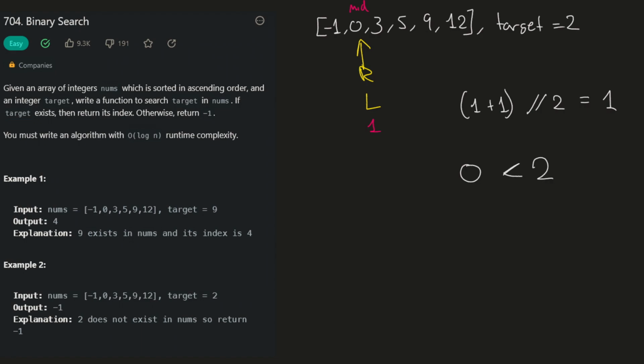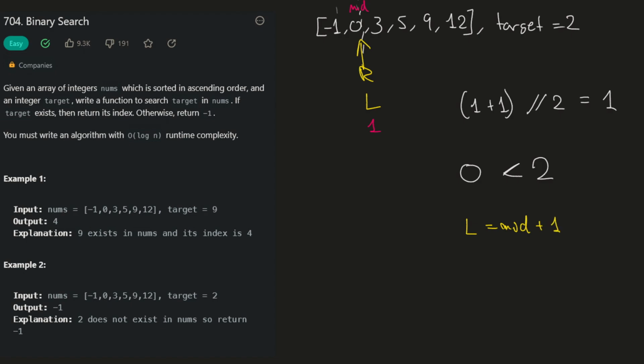Yes, it is. Since this is the case, this means that we can discard this portion of the array, right? Because I know that my target has to live on the other side since 0 is smaller than 2. And so in this case, I would move my left pointer to the right. So I say, well, left is equal to middle plus 1.